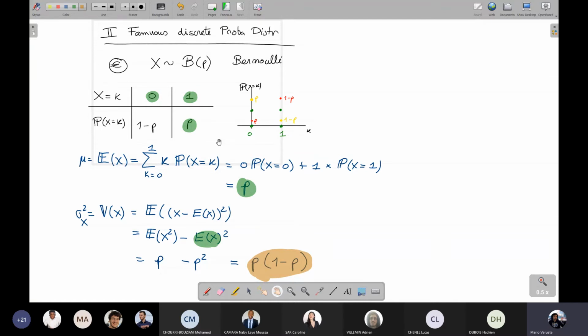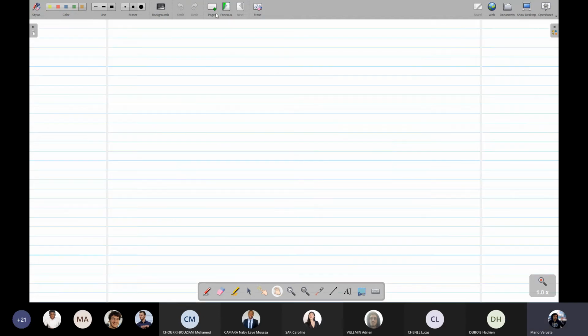Now, the sister of this Bernoulli distribution is another distribution called binomial. The binomial distribution is just the repetition of n Bernoulli launches. So you have your coin, you launch and you get, for example, 1.